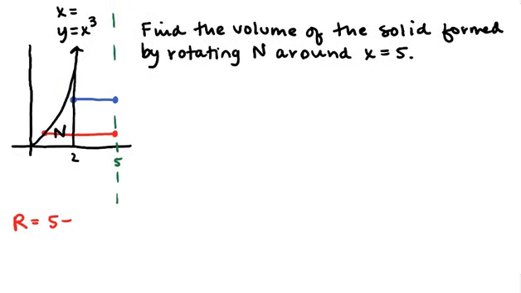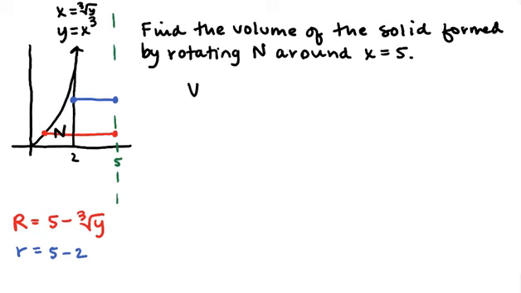That's x equals the cube root of y. And so the large radius is 5 minus the third root of y. Then the small radius is going to be x equals 5 minus x equals 2.